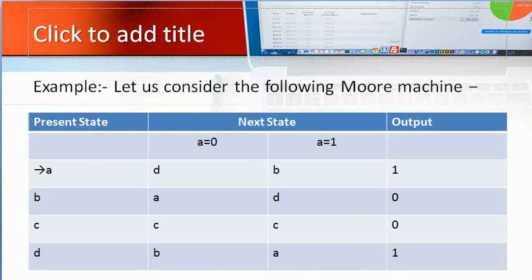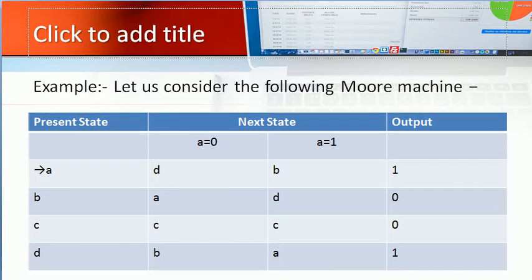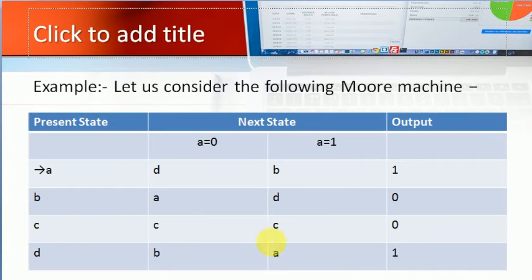Simply we have written here the same: A output, D output 1, A on B output 0, D1, D1, A1, A1, D1. So we can see the similarity: C0, B0, and here also C is 0 and B is 0. We have just copied that.